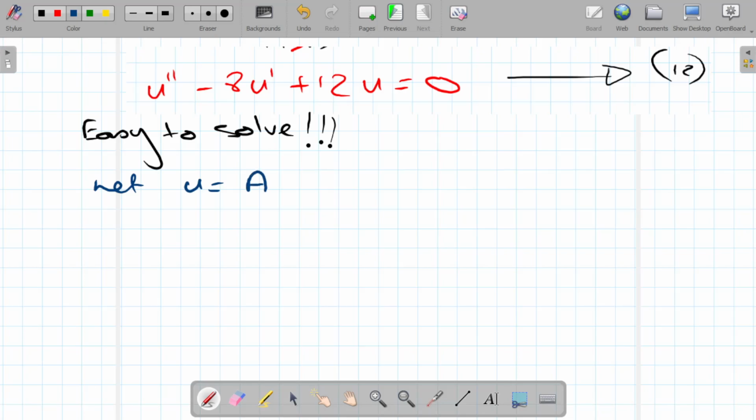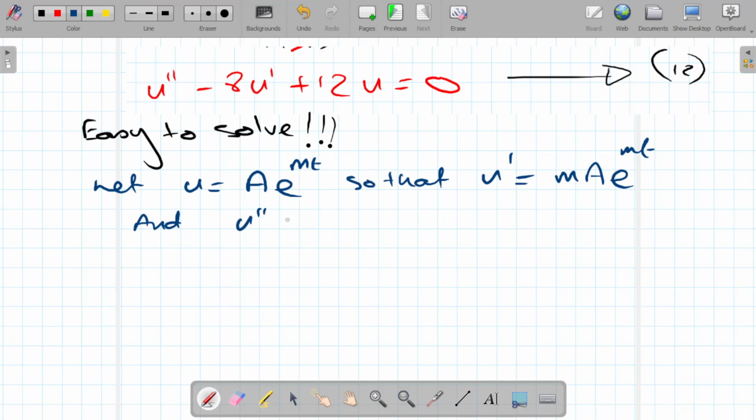So we'll call it A times e to the mt. So that u prime equals m A e to the mt, and u double prime is equal to m squared A e to the mt.